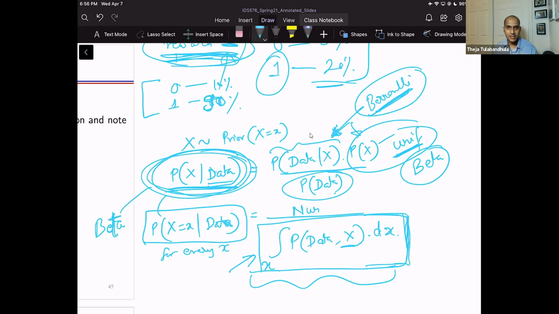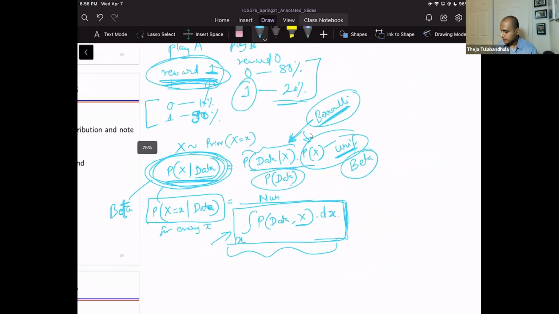So this is a special property where if the prior happens to be from a certain distribution family, like the beta distribution, and the likelihood happens to be from a certain likelihood family, like the Bernoulli family, then the posterior also happens to be a beta distribution. That's called conjugacy. Or more formally, beta is called a conjugate prior to the Bernoulli likelihood.